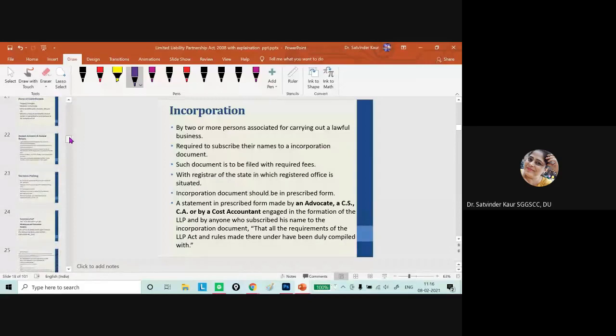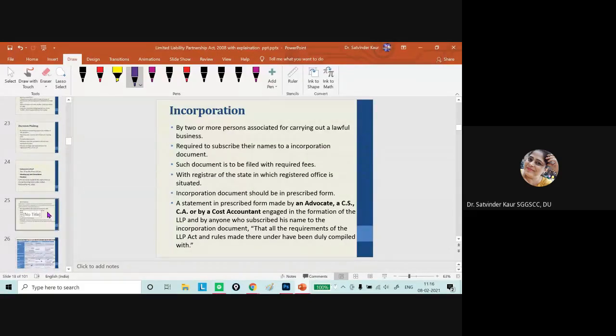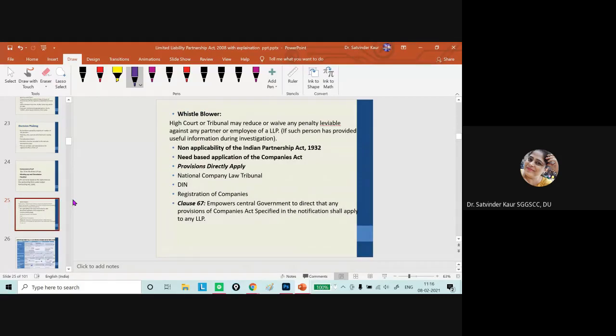Whistleblowing basically means that when something is going on not correctly in the organization, in that case, if one of the partners raises the particular issue or informs the higher authorities with respect to that wrongdoing, because of which the organization may suffer some loss, then that particular partner or person is given protection for protecting his interest, so that nothing wrong is done to him.